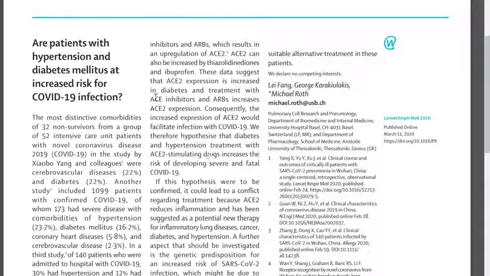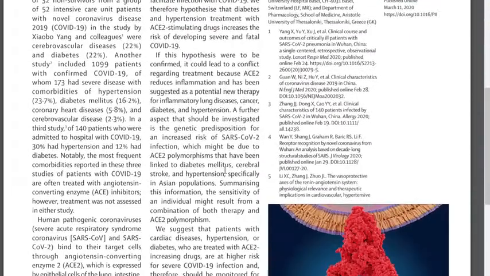And they talk about how ACE inhibitors and ARBs increase ACE-2 expression. The increased expression of ACE-2 would facilitate infection with COVID-19. We therefore hypothesize that diabetes and hypertension treatment with ACE-2 stimulating drugs increases the risk of developing severe and fatal COVID-19. Now, this is only a hypothesis.